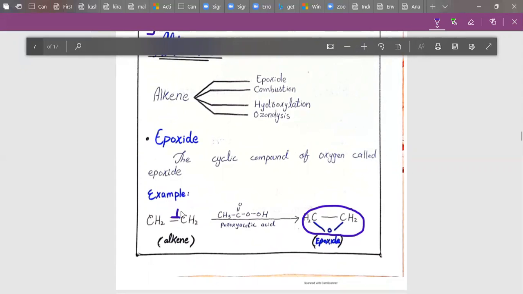When this bond is removed, then the radical sites are present on the carbons. So it takes an oxygen from peroxyacetic acid, and these carbons contain oxygen from peroxyacetic acid, and then we get an epoxide compound.